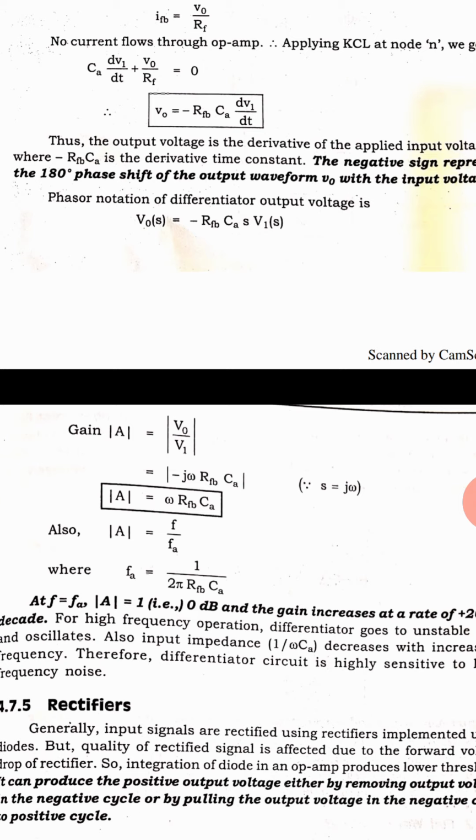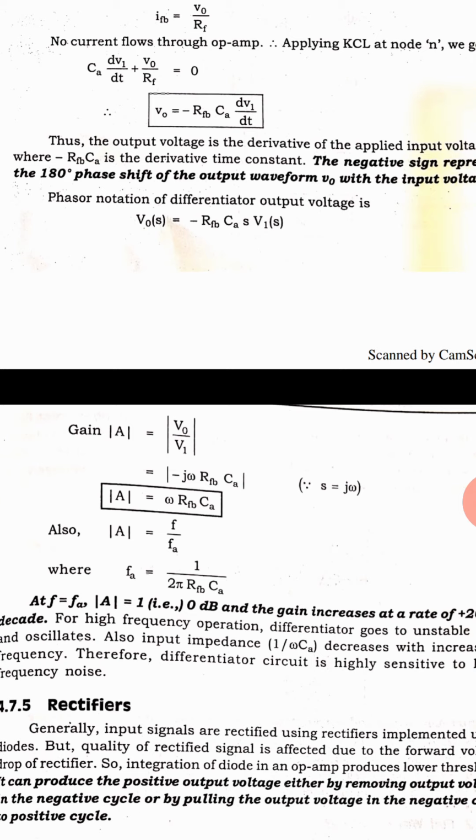So the gain is in terms of omega, and V1 gets cancelled. While considering the magnitude, j can be omitted. So omega R into C is the gain. Also, we can refer to f as 1 by 2 pi R C.